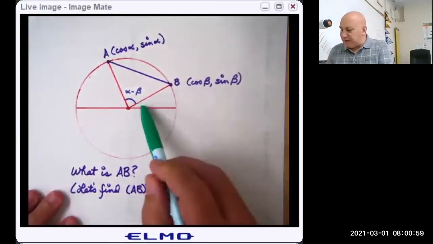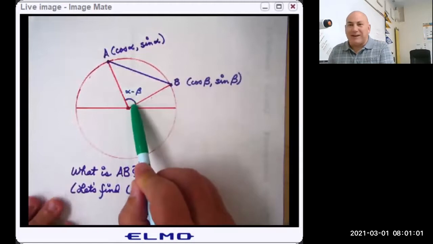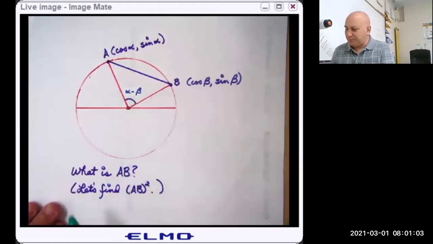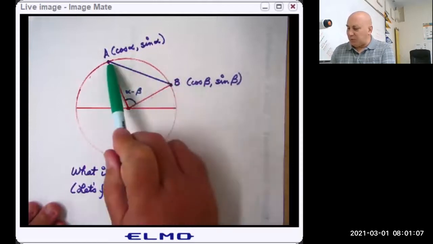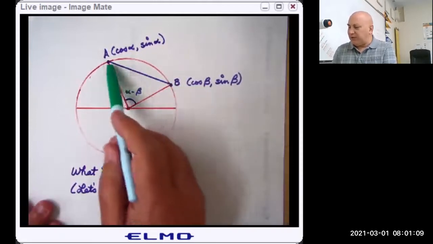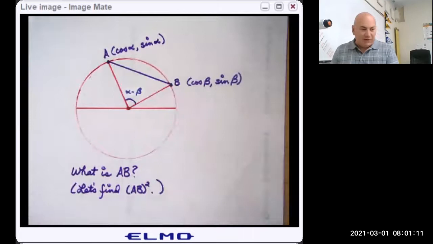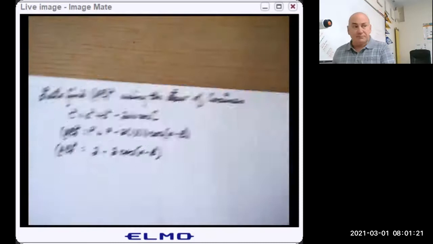Well, if this was B and this whole thing was A, this must be A minus B. And again, here are the coordinates of this point and the coordinates of this point. So what's this distance? Well, let's find that distance squared, and we can take the square root of it. And we're going to find that distance squared using the law of cosines.